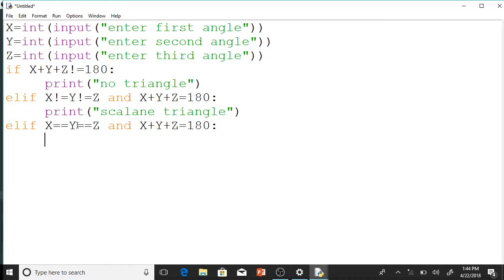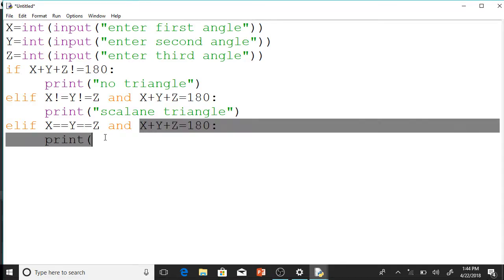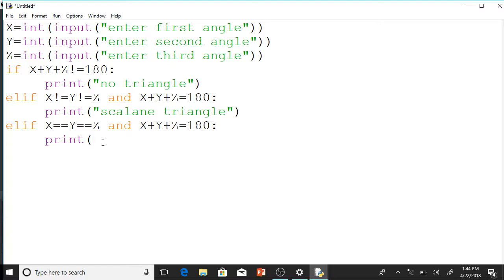If x is equal to y and y is equal to z, then it is an equilateral triangle. But the sum of all the three angles must be 180, then it's a triangle. This condition is necessary. Equilateral triangle.